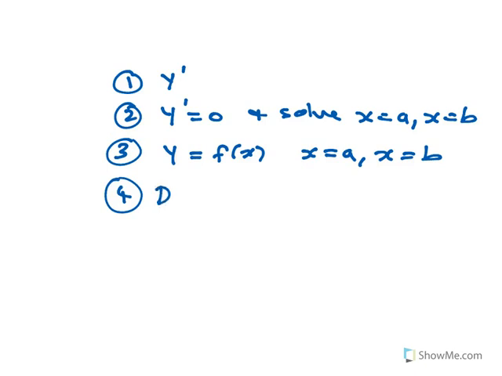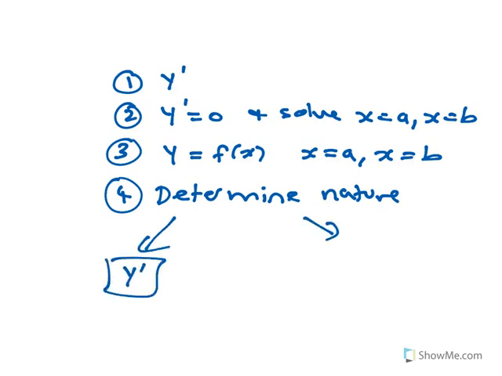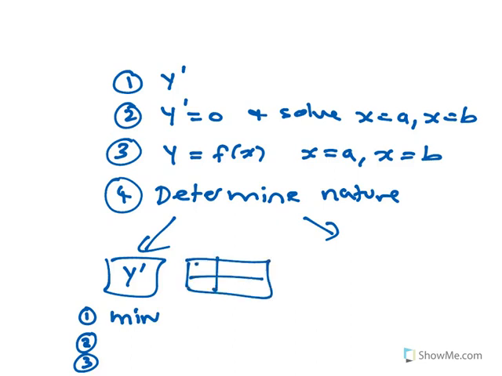And then to actually determine the nature of the stat point, you now have a second choice. So the first choice that we've looked at previously is looking at y dash and drawing a table of values for that particular point, and then seeing if it is, if you look at a minimum, a negative gradient, 0, and then a positive gradient, so negative to positive.